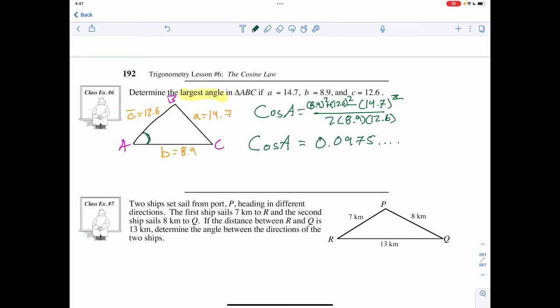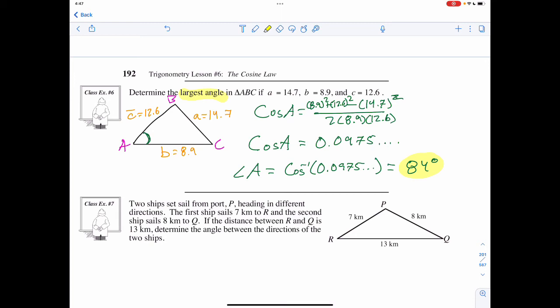Remember, anytime that we solve an angle, we're always looking for cos, sine, or tan to the -1 of the ratio. So angle A is equal to cos to the -1 of this. Angle A is going to be 84 degrees.